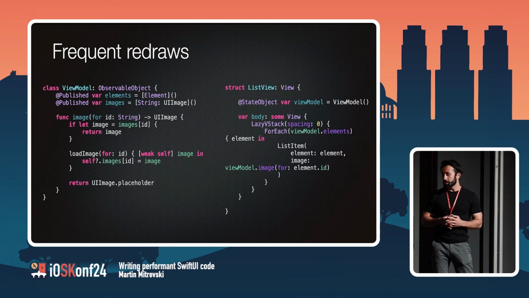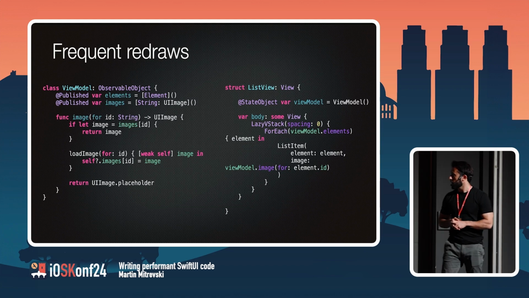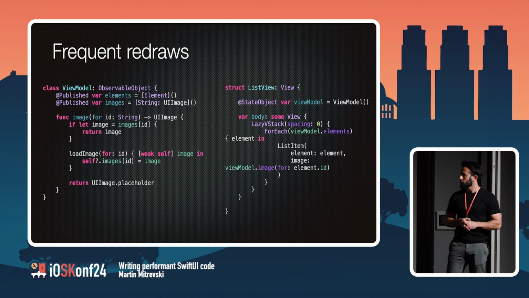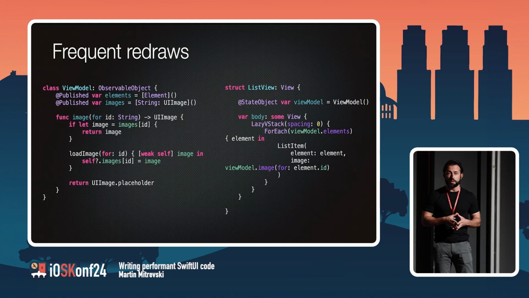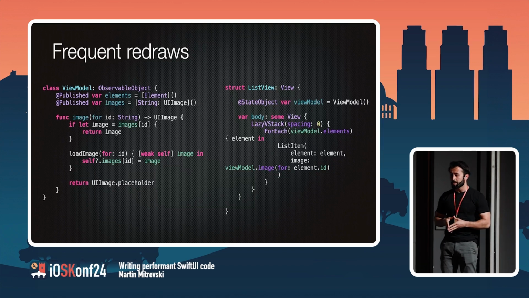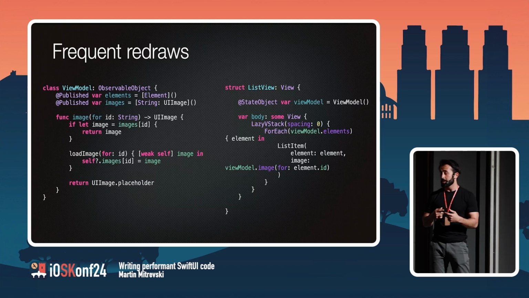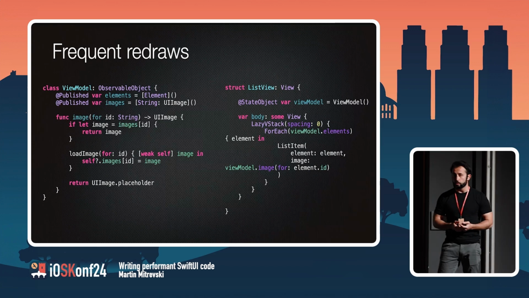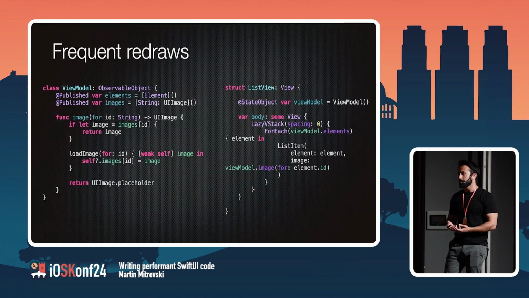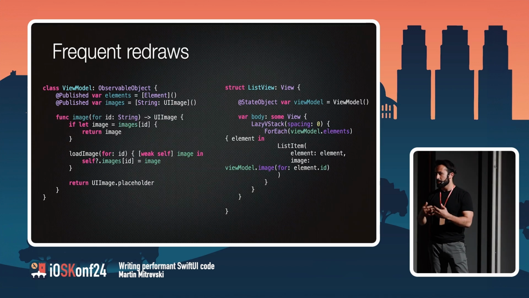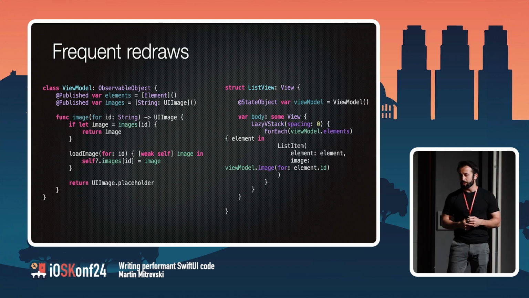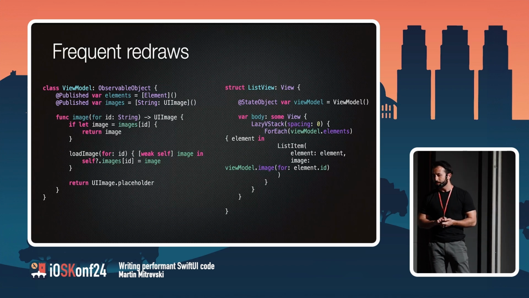Now on the right side, you can see that we pass the whole function to every list item, which means it implicitly depends on all the images. So whenever a new image comes, all the items are redrawn. The first time the list is shown, when all the images are being downloaded, it would be very slow.